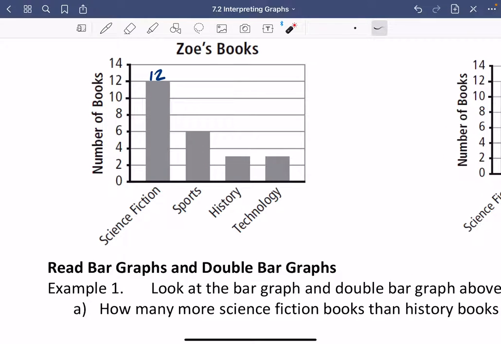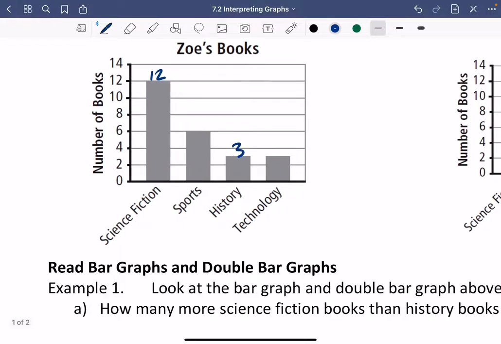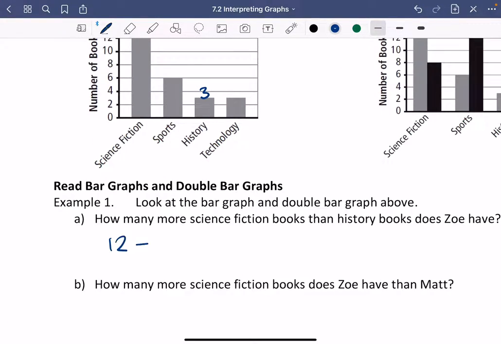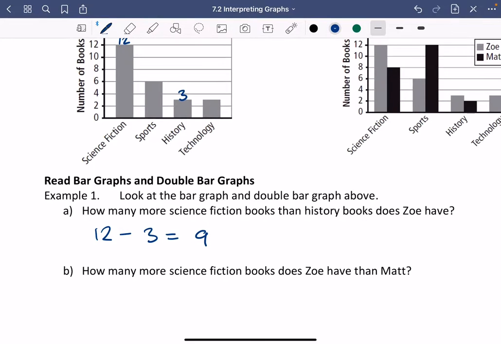History is right here, between 2 and 4, so this is 3 books. So how many more? We'll subtract to find 9. So Zoe has 9 more science fiction books than history books.